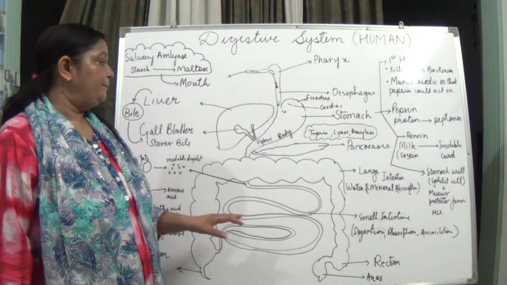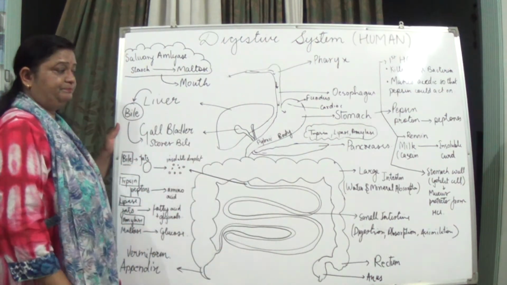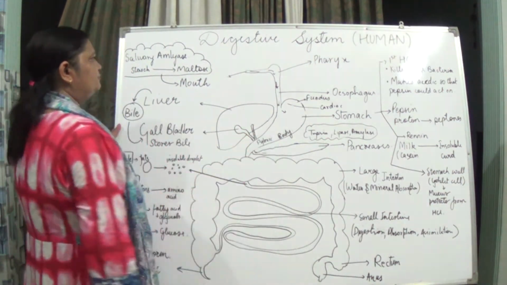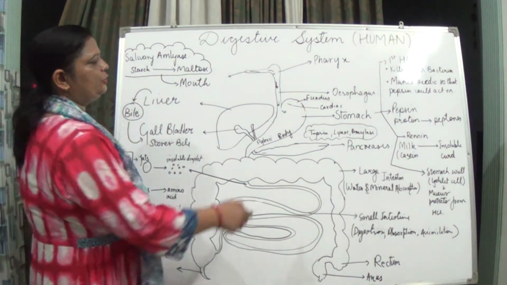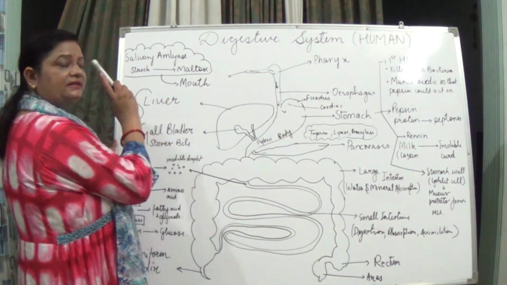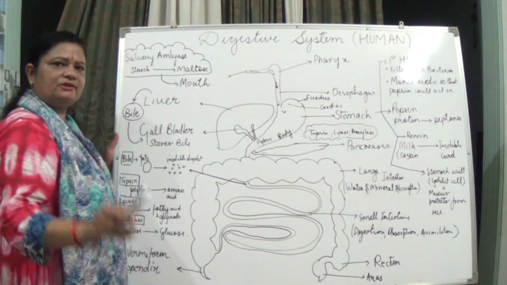So now we have seen that in the stomach the food has been partially digested. The starch in the mouth was partially digested to maltose, and proteins here are partially digested to peptones.